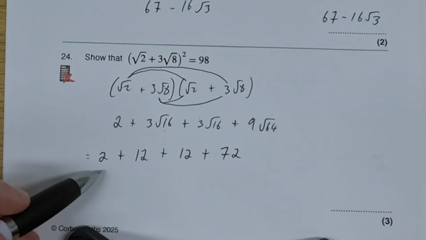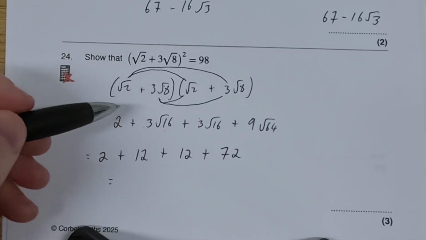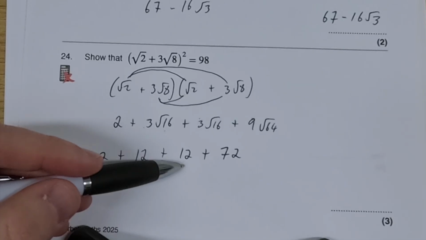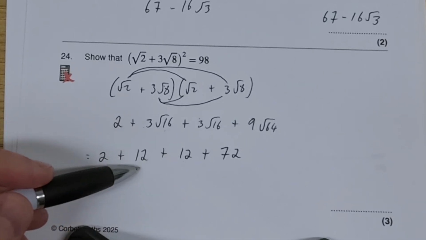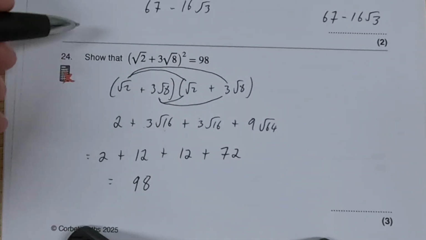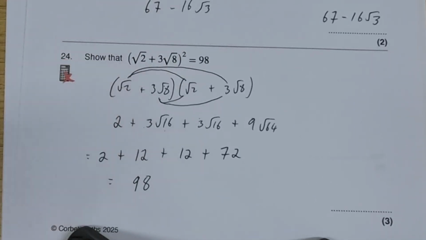So we've now got 2 plus 12 plus 12 plus 72. Let's work this out. 72 plus 12 is 84, plus another 12 is 96, plus 2 is 98. So that's it, we've shown that root 2 plus 3 root 8 all squared is equal to 98.